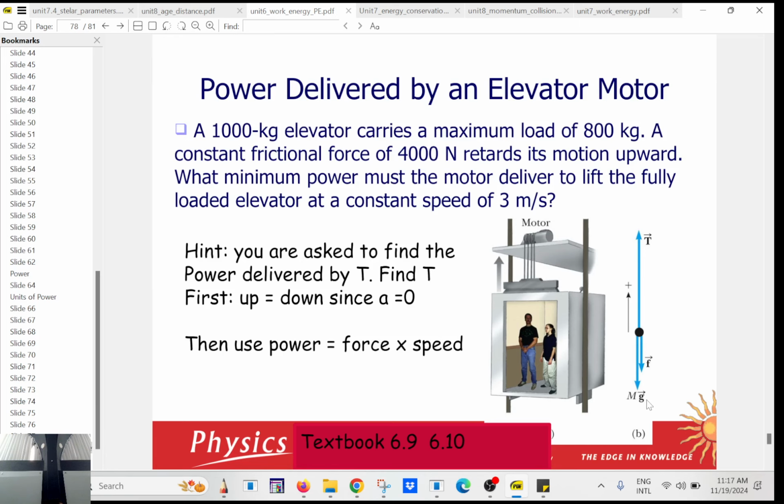Do you agree? Up equals down, speed is constant, or it's at rest. Once you have done that, then you can use average power equals force times speed, and you can find how much power is being delivered by the lift from the elevator.